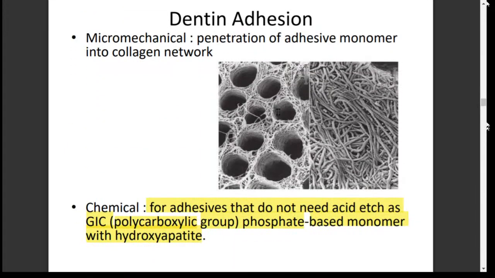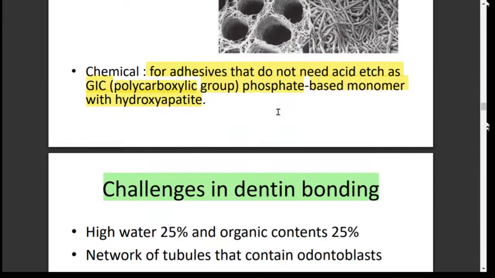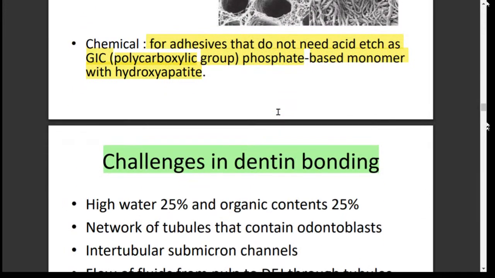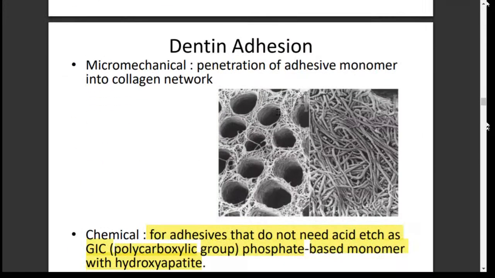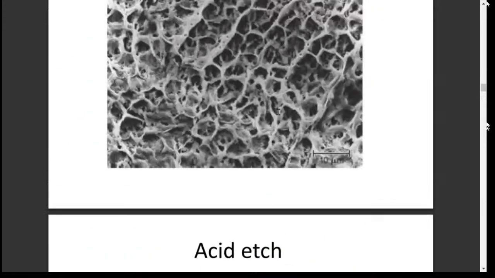This is the dentin adhesion: micromechanical penetration of monomer, and chemical bonding for adhesives. And we said that the chemical bonding is with GIC polycarboxylate group, and phosphate-based monomer with hydroxyapatite.